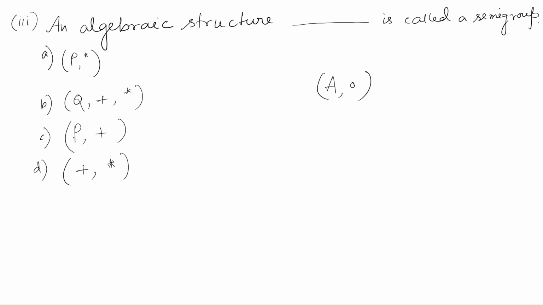P can be a semigroup under the binary operation addition. As an example, we can take P as the set of integers and we know that the two properties, closure and associative, are satisfied for the elements of the set of integers under the binary operation addition. So option C is the correct answer.